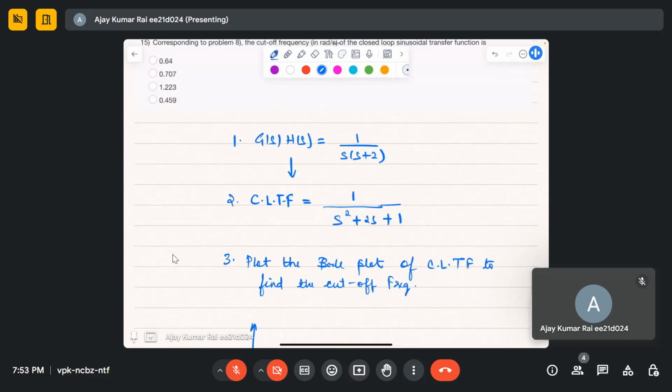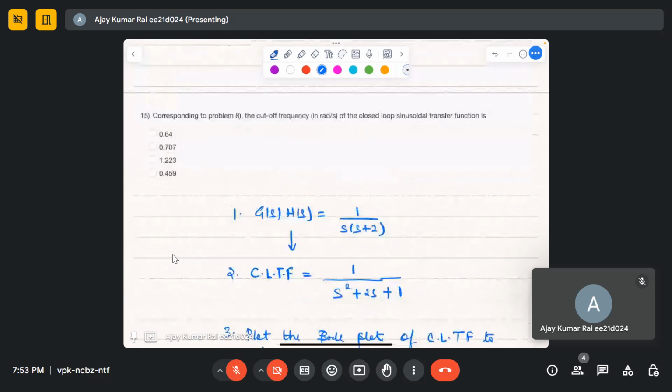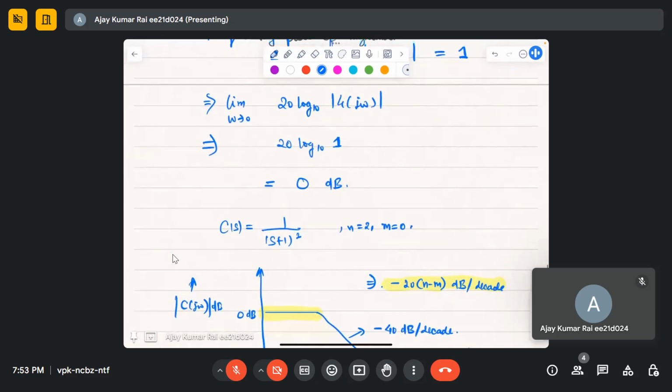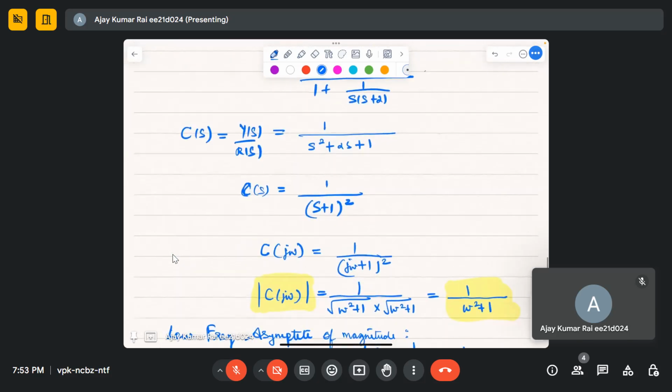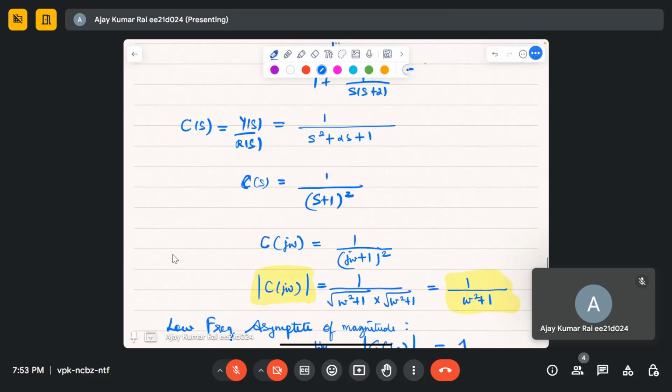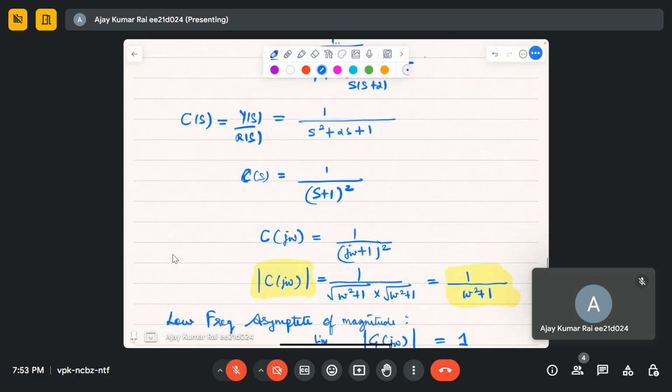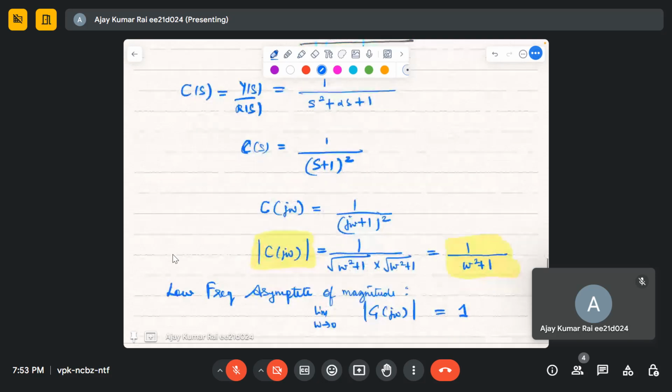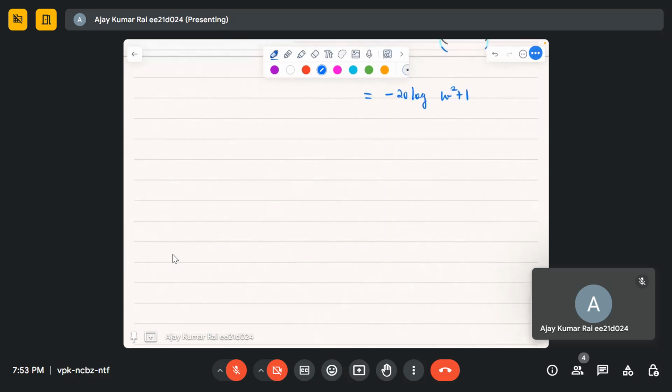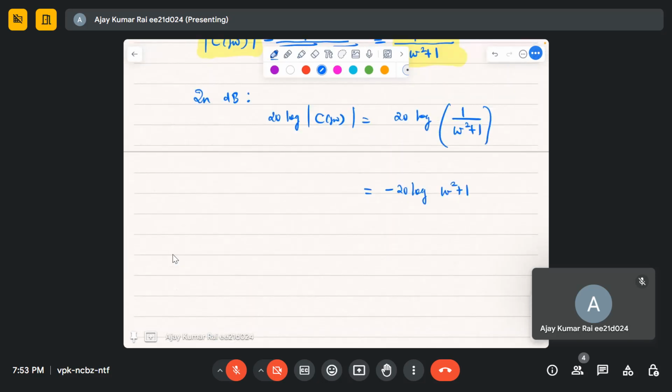Okay, I hope everything I'm doing is correct. Let me find out correct or not. Correct. Okay, this is the magnitude in dB.